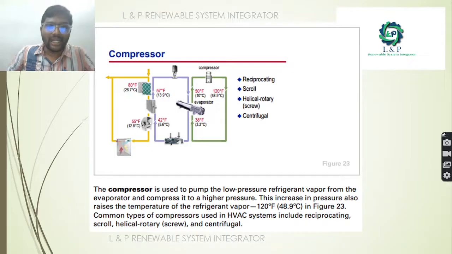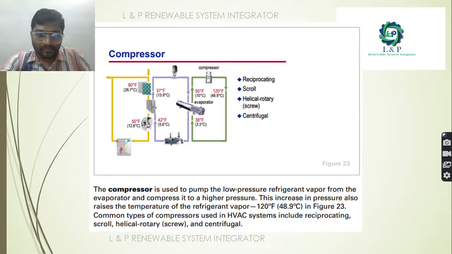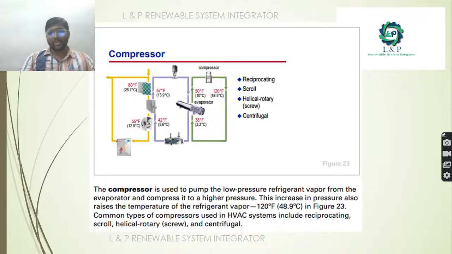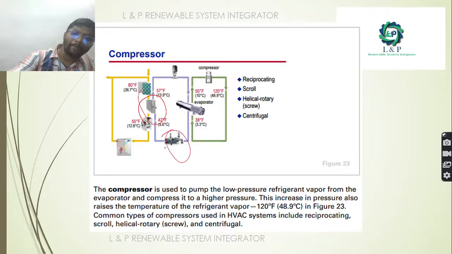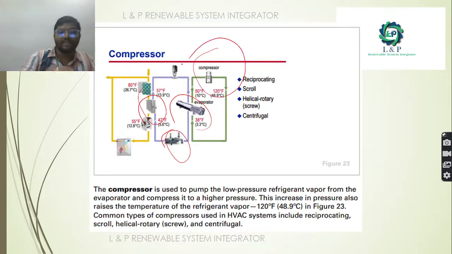And most importantly, as we told earlier, in an HVAC system, if we want to do any heating or cooling purpose, apart from the cooling coil, pump and evaporator, we need the help of another important component called the compressor. It is used to pump the low pressure refrigerant vapor from the evaporator and compress it to high pressure.